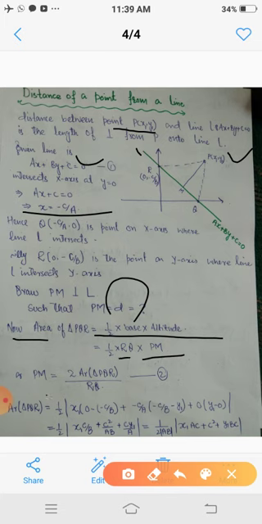So PM, this perpendicular distance, is twice the area of the triangle divided by RQ. Now we will use the earlier concept of the area of a triangle whose vertices are given.